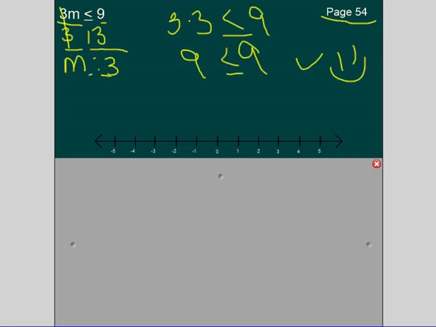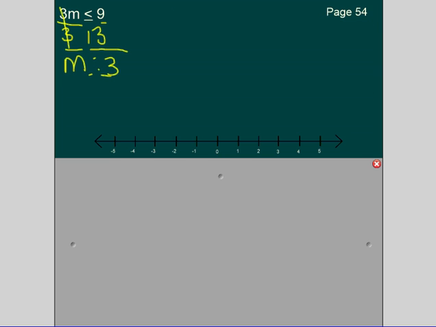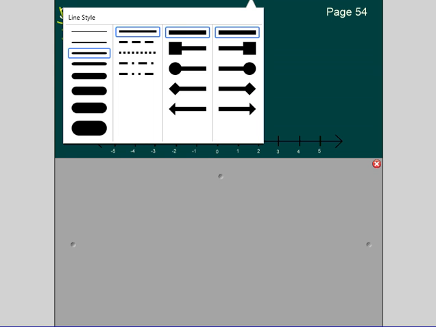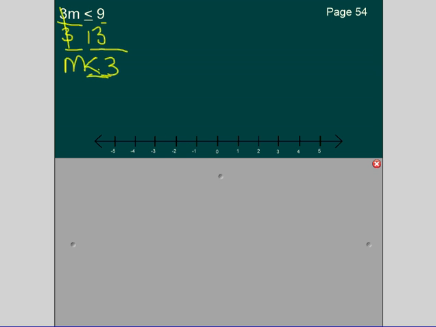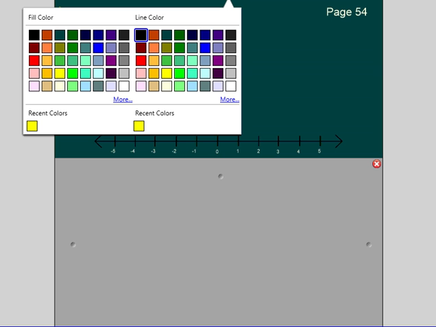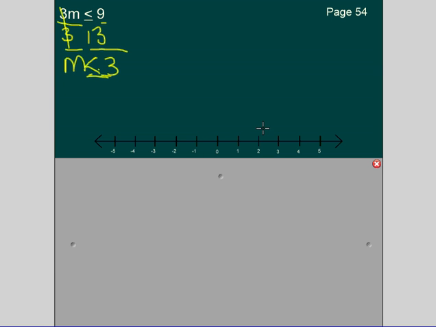All right. Now, oopsie, didn't want to erase all of that. Now I need to plot this on my number line. I have less than or equal to. And because of that, I'm going to use a closed circle. I'll do it in yellow. And I'm going to put it right at 3.